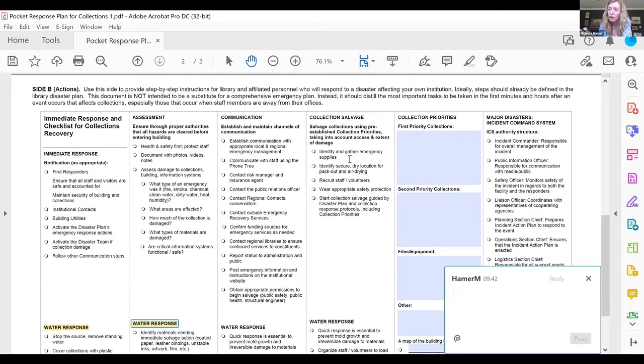You've got to get your volunteers and your staff together, and then you've got to follow a salvage procedure that has been worked out. So you've got to have a salvage plan, and you've got to follow that, because if there's a flood, it'll be a different salvage procedure to if it's fire damage or some other kind of damage.